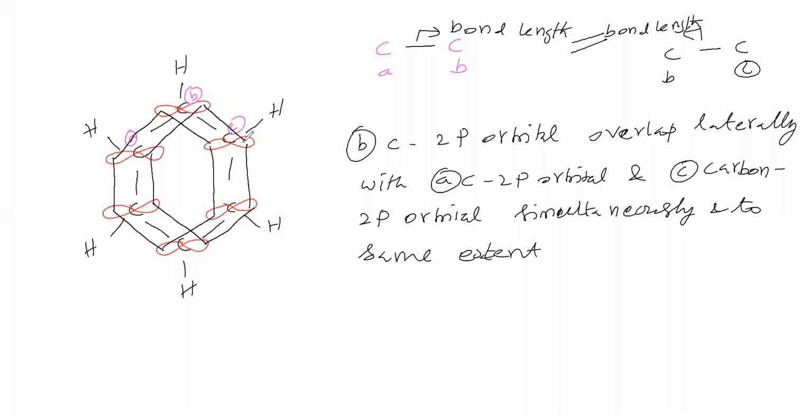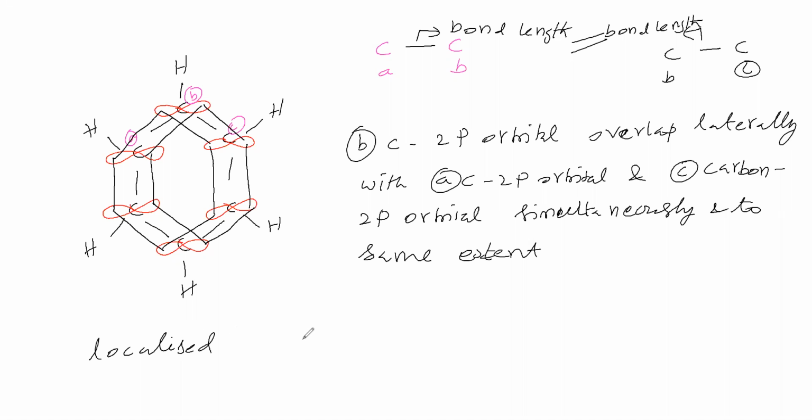So how is this pi bond present? Is this pi electron cloud localized or delocalized? What is meant by localized and delocalized? Localized means what? Delocalized means what? That we will see.